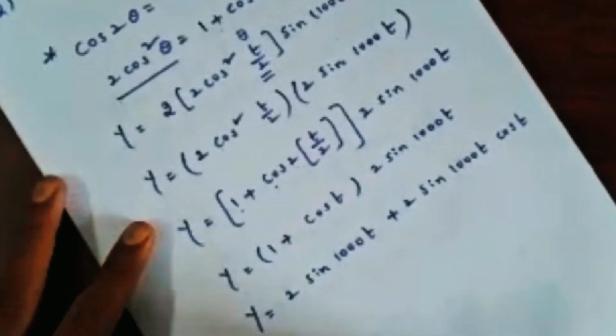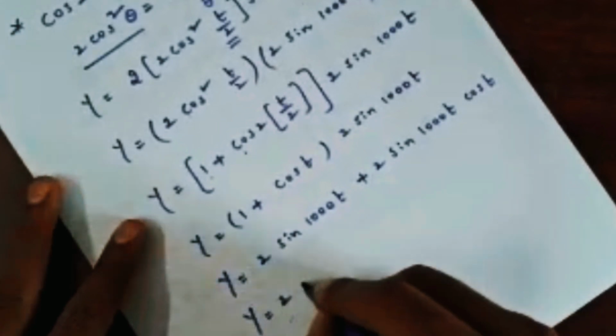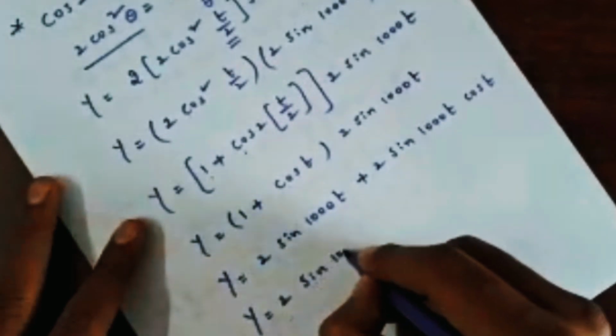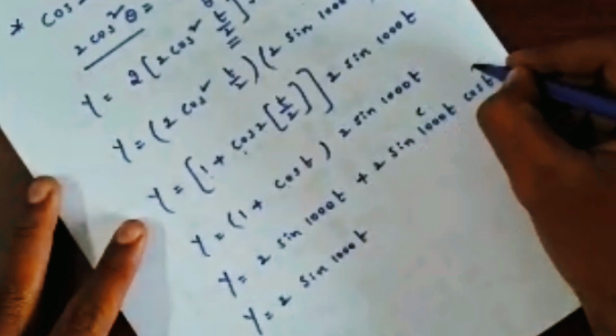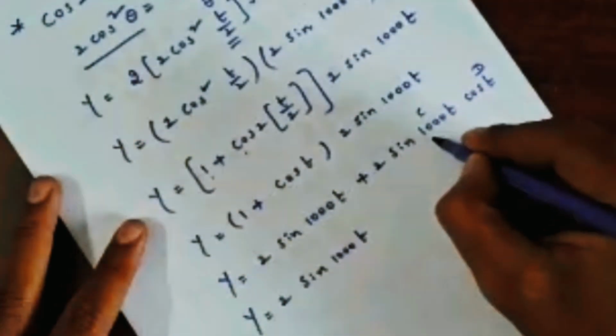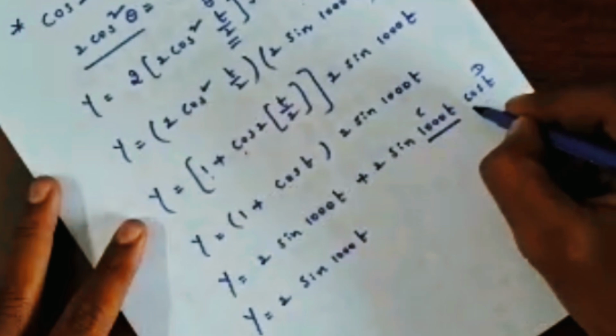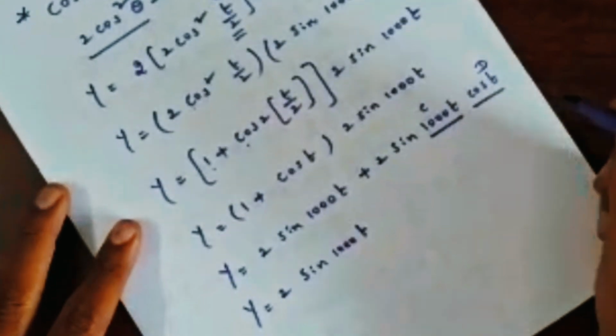Okay. So now y is equal to 2 sine 1000 t cos t, and we take this as 2 sin c cos d. This 1000 t is taken as c, cos t is taken as d. Now I am taking one more formula.